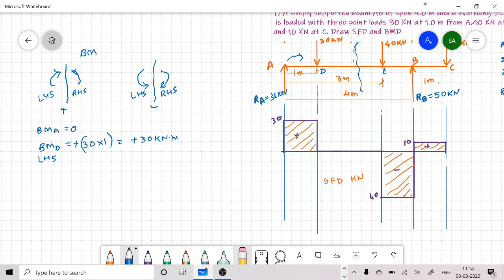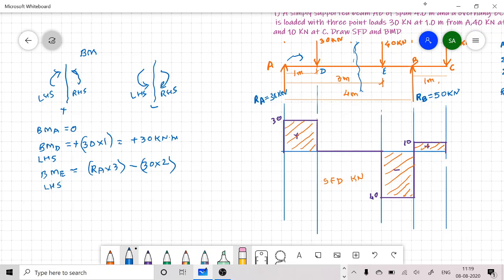Then bending moment at E, again I am considering left hand side. On left hand side clockwise positive, anti-clockwise negative. So RA into 3, because distance from A to E is 3 meter given, which is clockwise movement on left hand side positive, minus 30 into 2. Why 2?